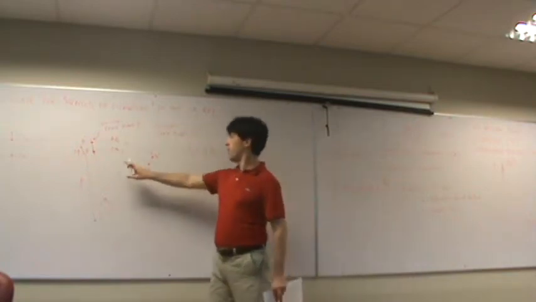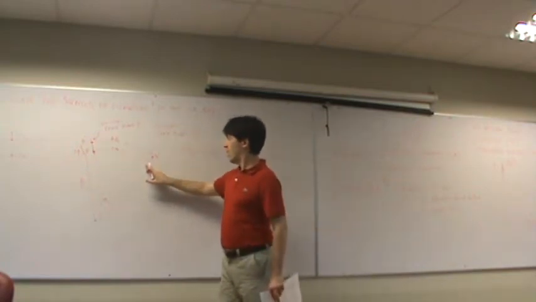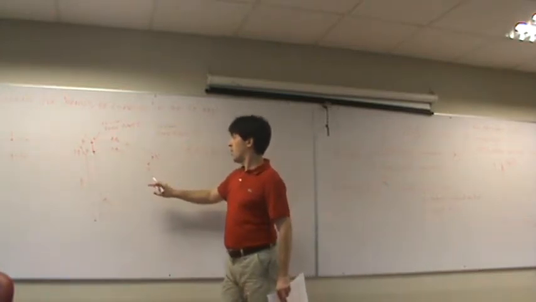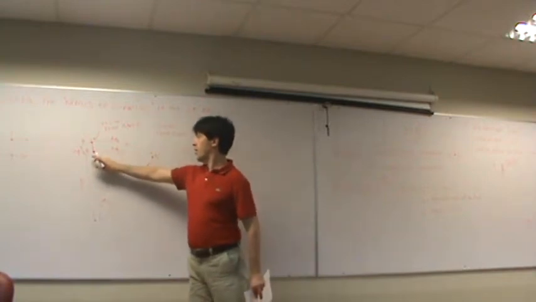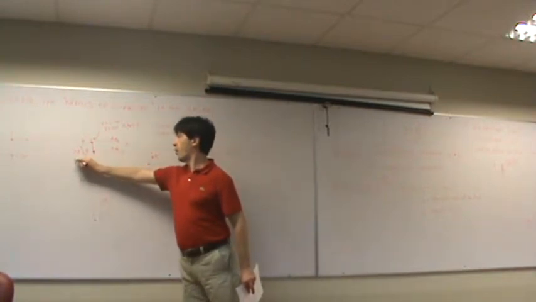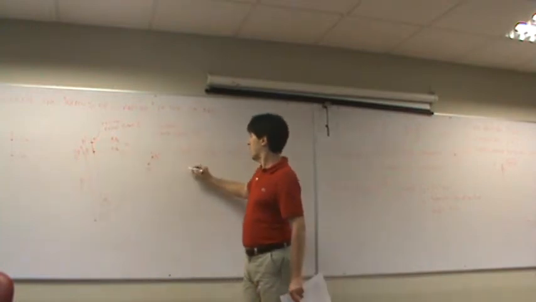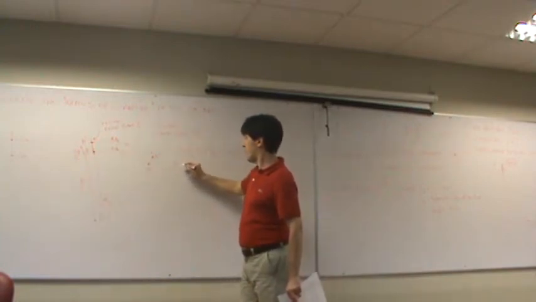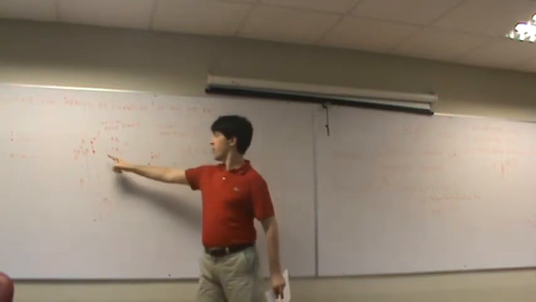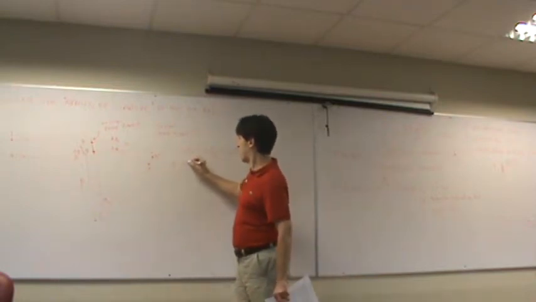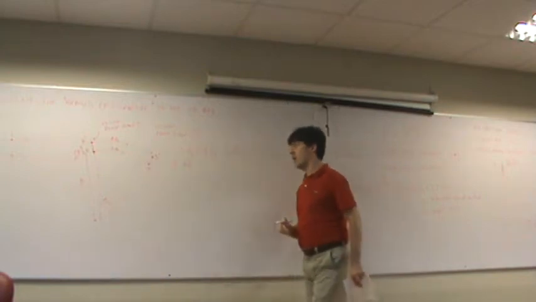But what is the phase rotation when you go from A to B? It is the propagation constant beta times the length of the arc AB.